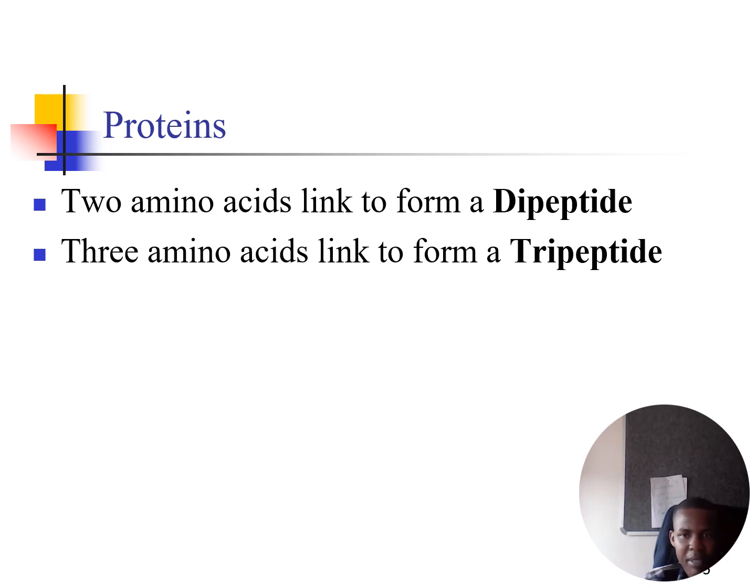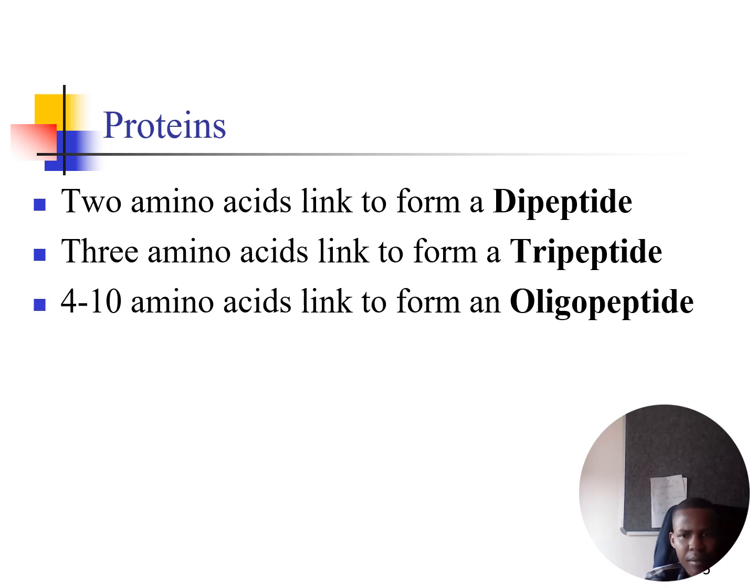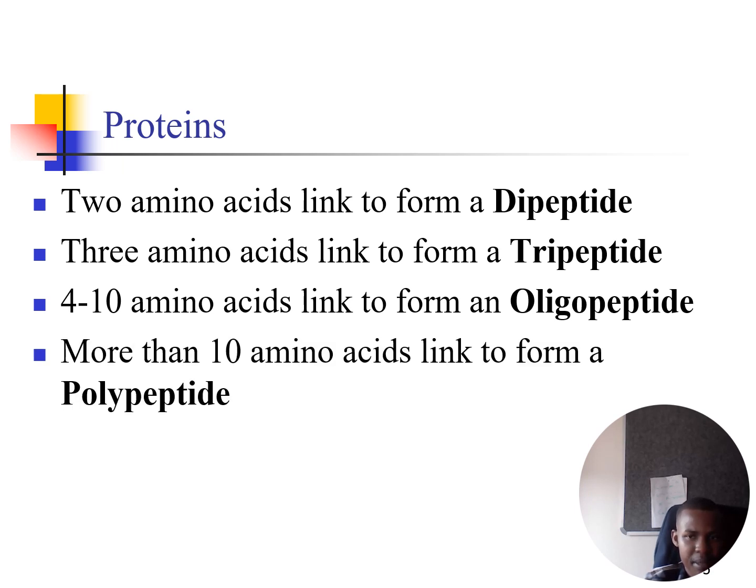When 4 to 10 amino acids link, they form an oligopeptide. When more than 10 amino acids link, they form what you call a polypeptide.